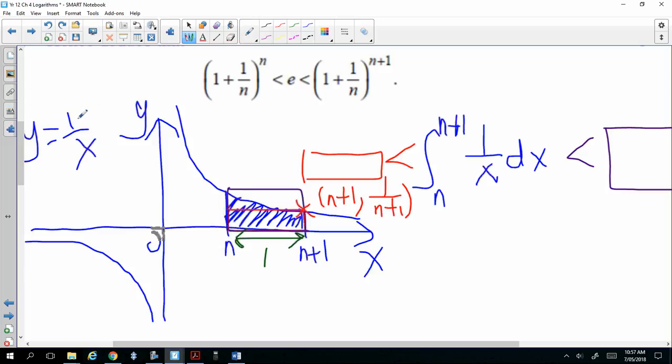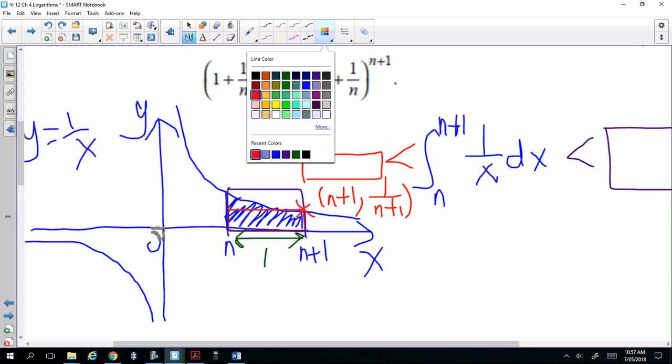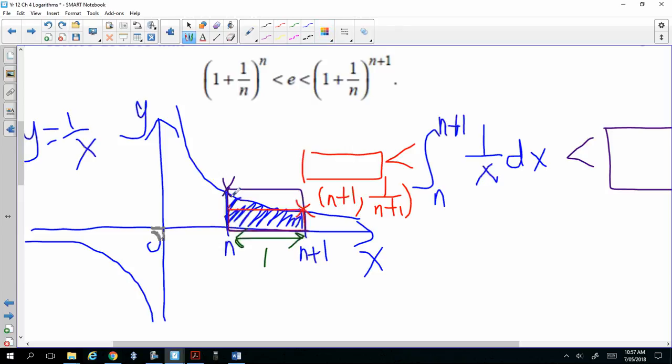And on the other hand, to get the corner of this point, you substitute n into the equation, so it will be n comma 1 over n, which indicates this height is just 1 over n.